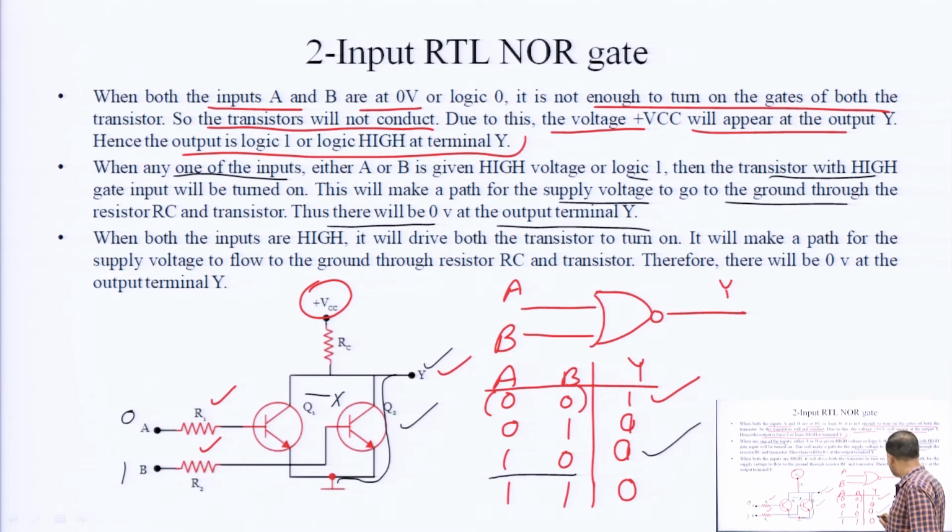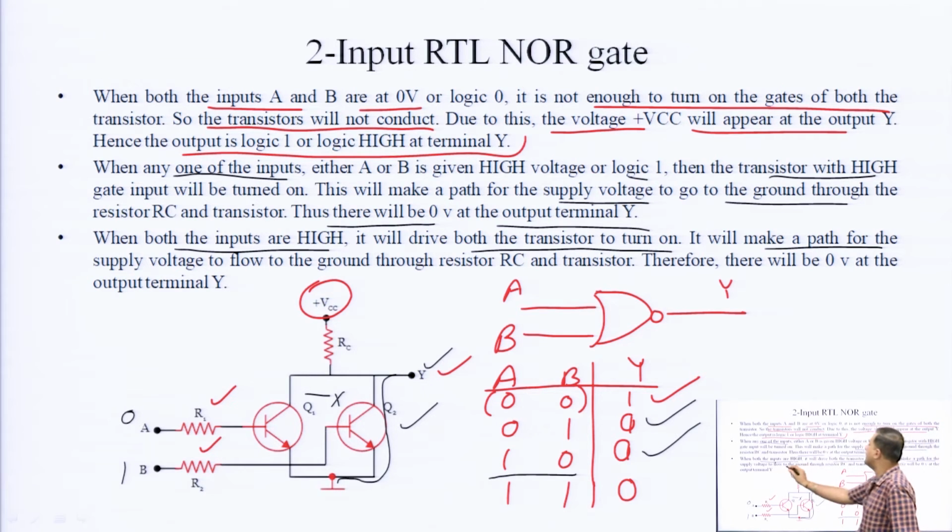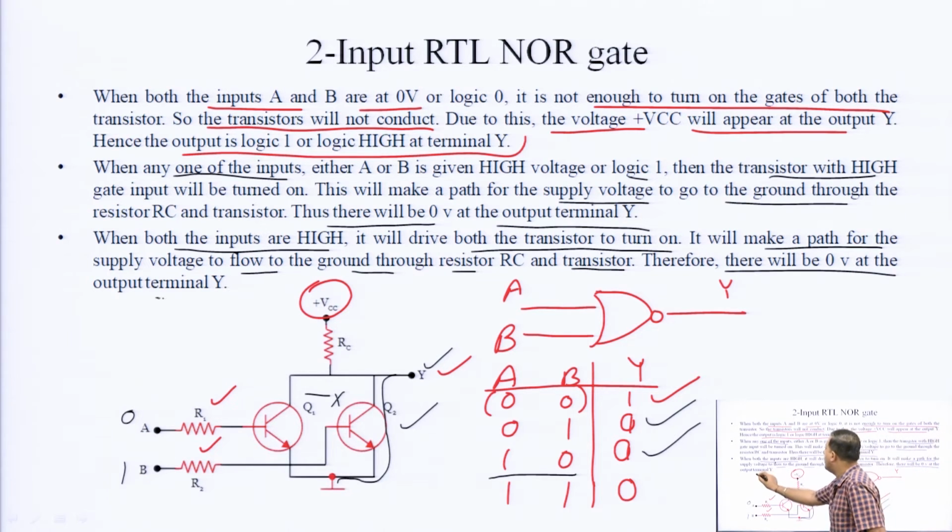So, here also you will be getting 0. And when both the inputs are 1, both the transistors will be on, and in that case the output will be connected to ground via a closed switch circuit. So, we will be getting 0. When both the inputs are high, it will drive both the transistors on, and make a path for the supply voltage to flow to the ground through resistor RC and the transistor. Therefore, there will be 0 volt at the output terminal Y.